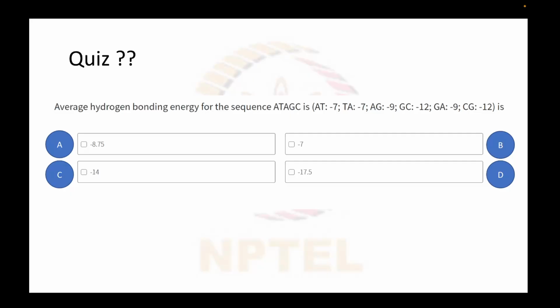So we have a quiz question starting, which is the average hydrogen bond energy for the sequence ATAGC. The hydrogen bonding energies are given in brackets.